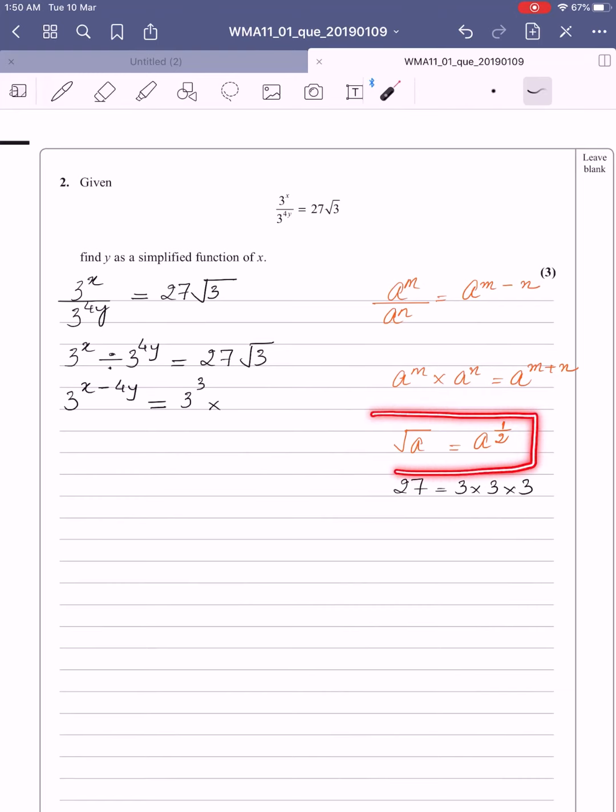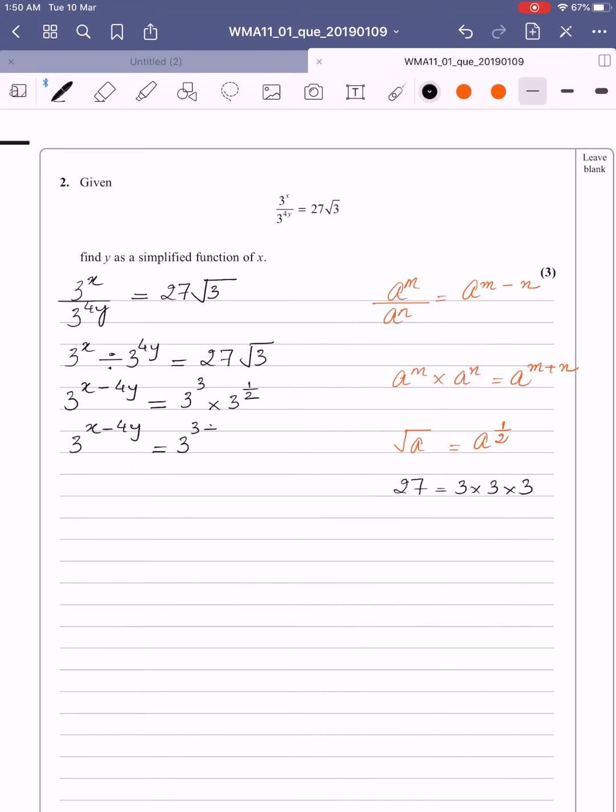So we will rewrite it as 3 to the power of half. Now our left hand side already has the power, which is an expression. Let's write the power on the right hand side, 3 plus half. So we have 3 to the power of x minus 4y is equal to 3 to the power of 7 by 2.